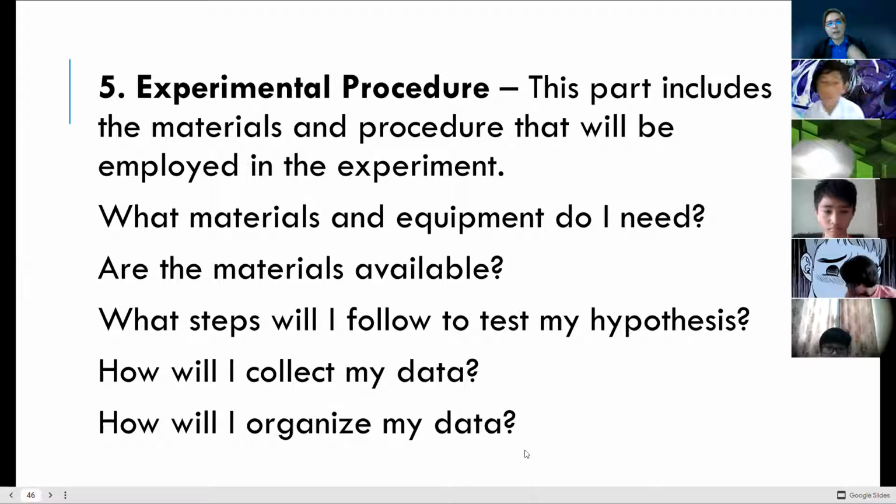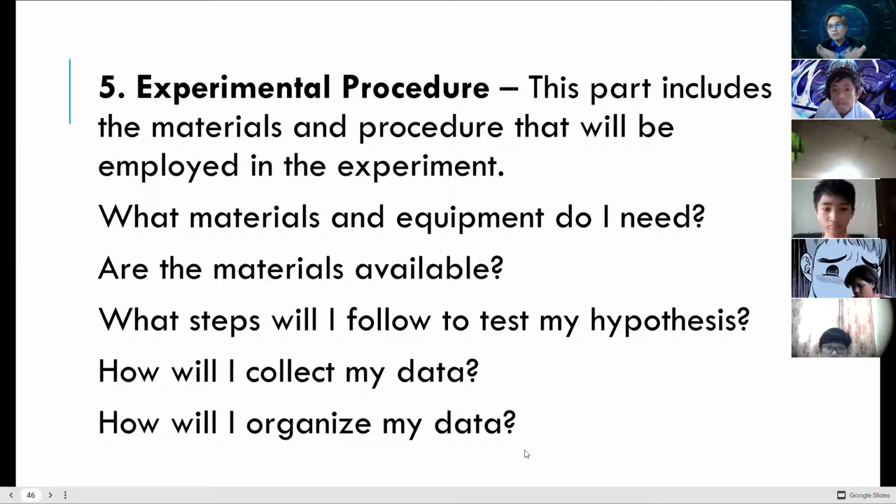How will I collect my data? Should I collect it through quantitative or qualitative means? Quantitative means to say it is gathered through what?